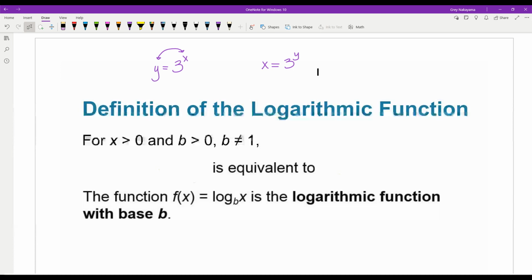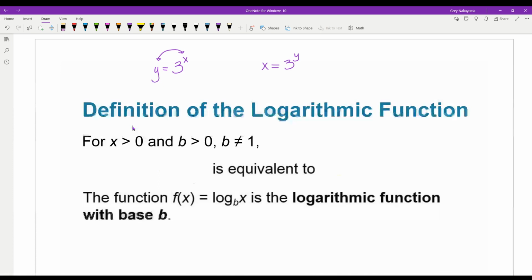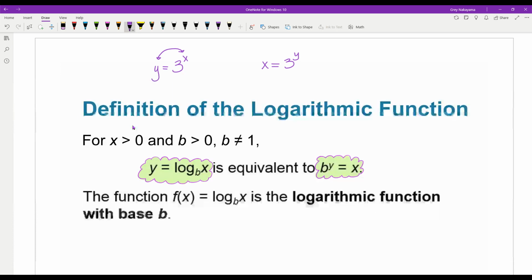What it says is that y equals the log base b of x, and that's equivalent to b to the y equals x. The main thing that you really want to remember is that the log is just a fancy way of asking or giving the exponent on a function.